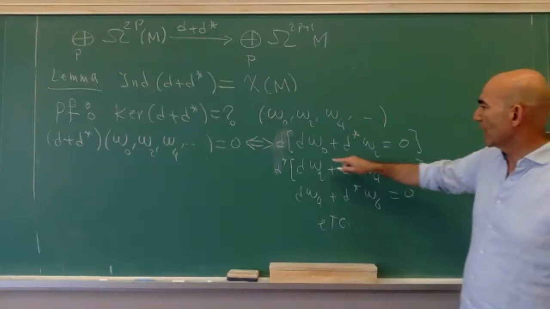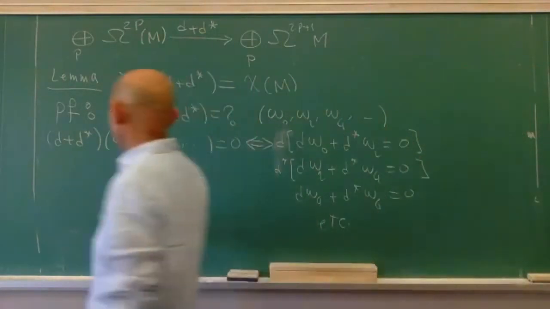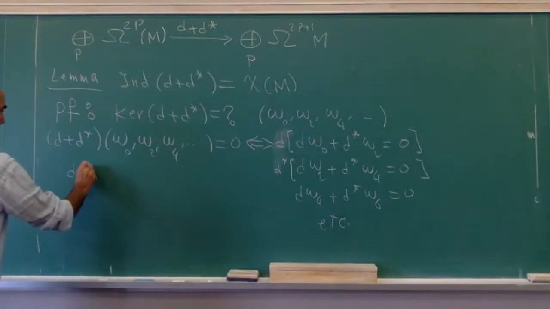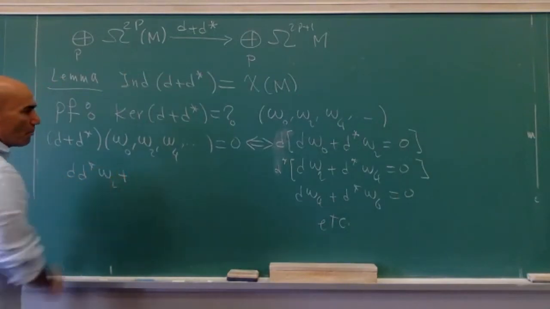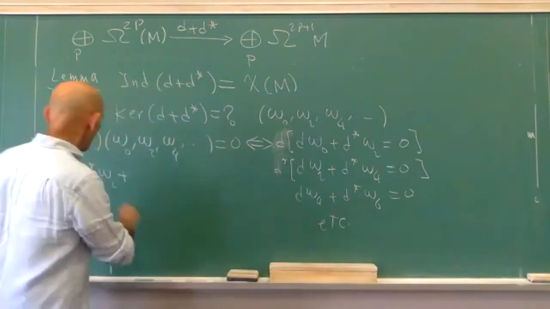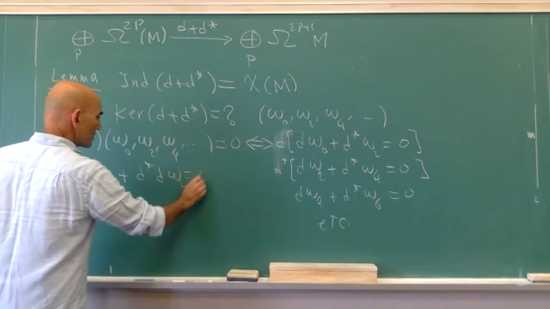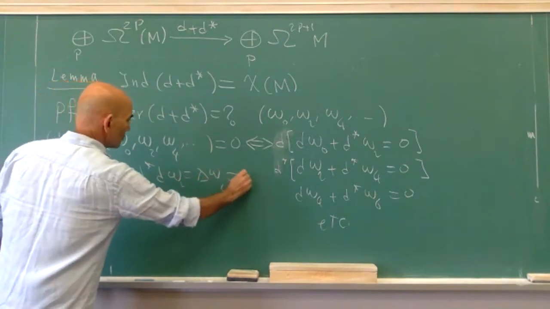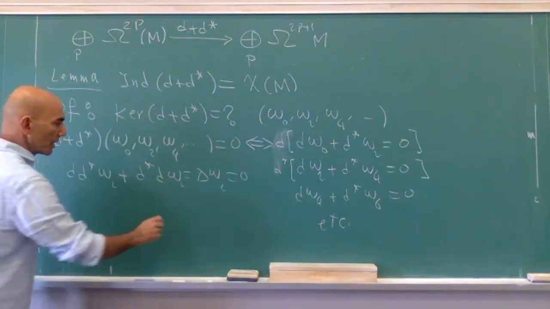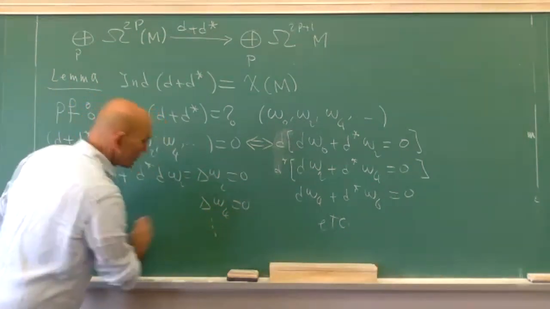Well, d squared is 0, so we get d star d omega 2 plus d d star omega 2, which is the Laplacian of omega 2, equal to 0. And similarly, you can show that the Laplacian of omega 4 is equal to 0, and so on.